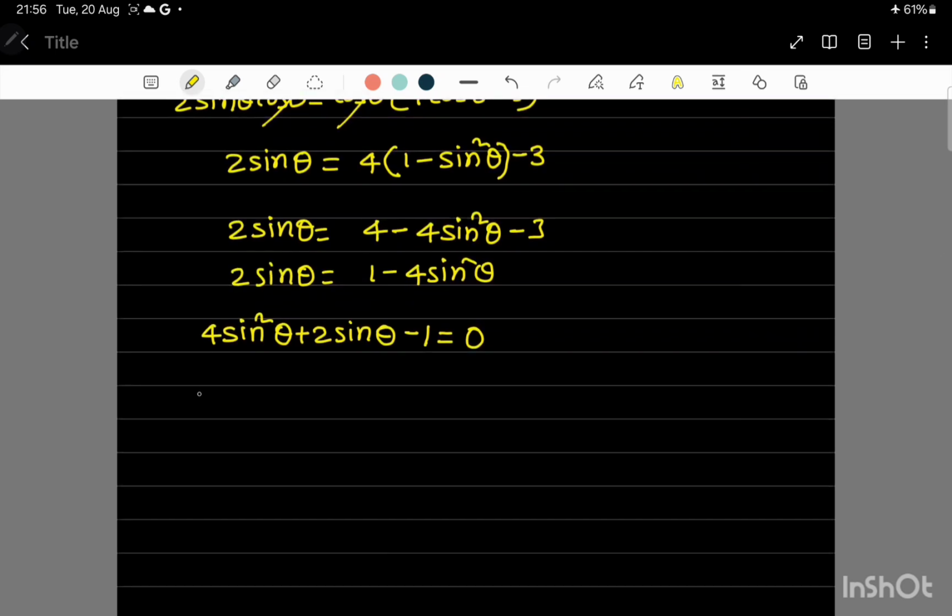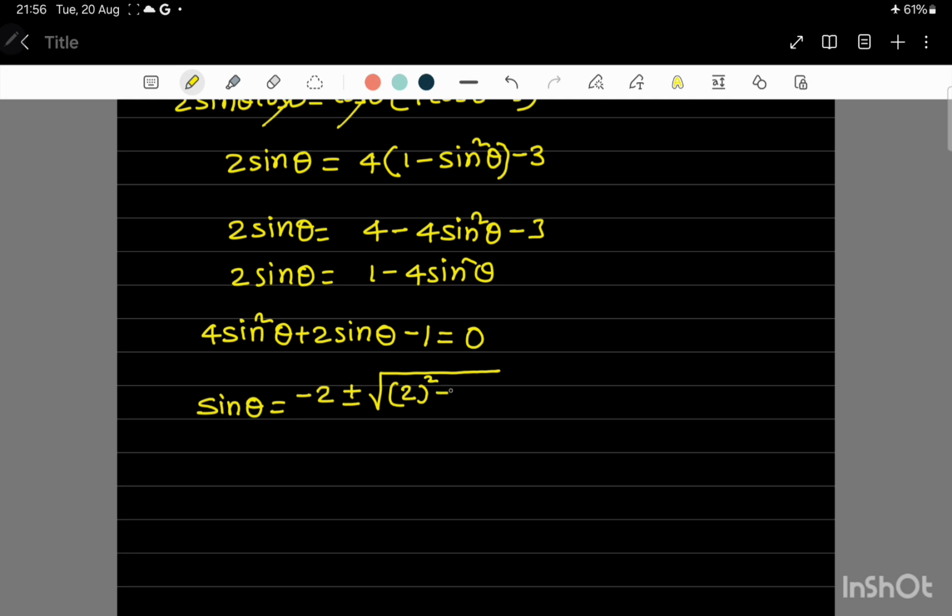And then we know Sridharacharya's formula. According to Sridharacharya's formula, x is equal to minus b plus minus root d by 2a. So we can write here in place of x, sin theta. Sin theta is equal to minus b, means minus 2 plus minus root of d, where d equals b square minus 4ac. So we can consider b is equal to 2.